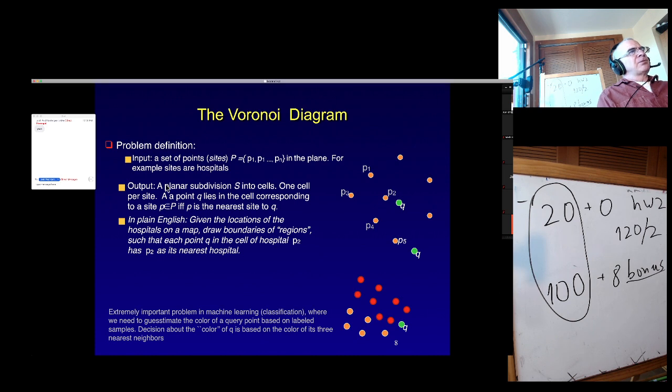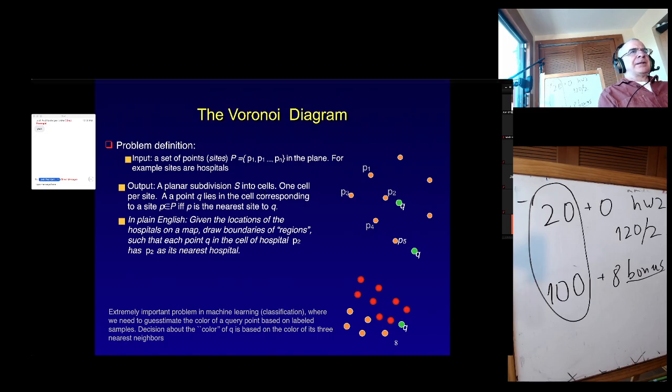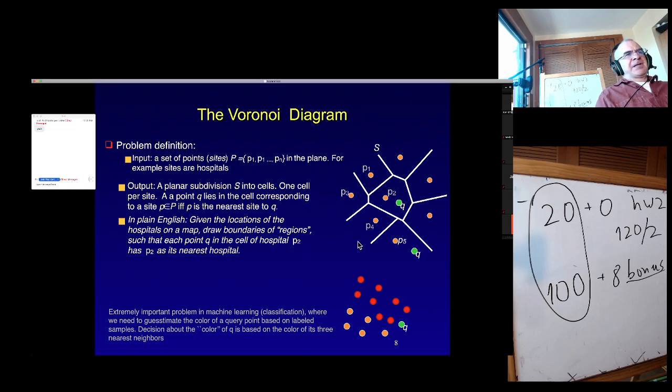What I want to do is to generate a planar subdivision of the plane. I want to take the whole plane and chop it into cells. Here is one cell. This cell actually goes to infinity. Here is one cell, this polygon in the middle, a cell centered around hospital P2.